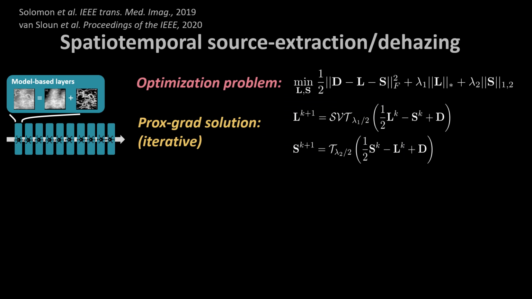If we formulate the optimization problem, then basically we want to find this combination of L and S, where L is our tissue component and S is our blood component. We write them as L and S because we assume here, and that's our model, our prior, that L is low rank, so tissue is low rank.